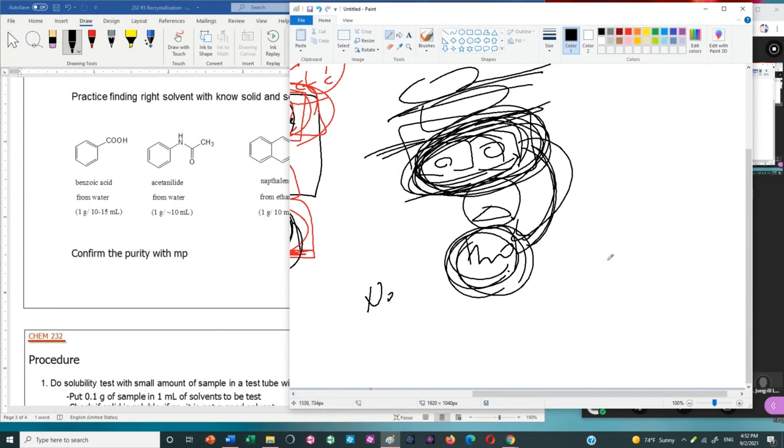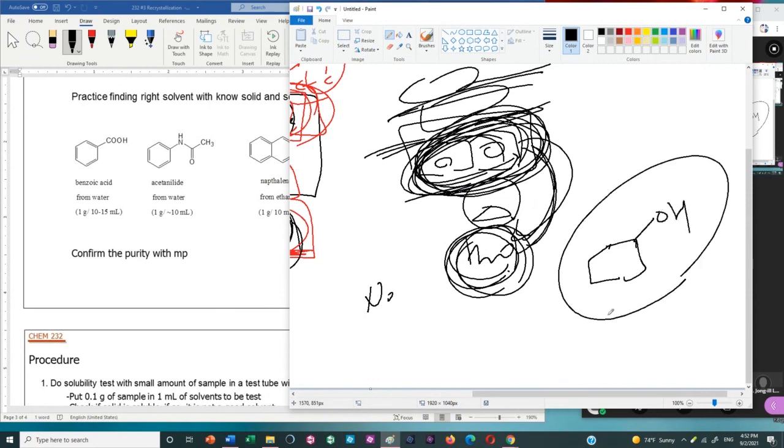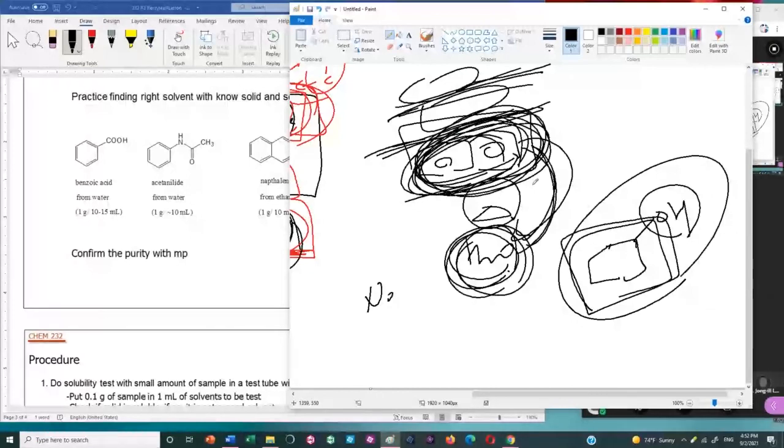Naphthalene obviously will dissolve into something like this if this was your solvent. Cyclohexanol has polarity, but it has a lot of nonpolar stuff in the solvent molecule. So when they loosen up, or even when they don't loosen up, this will like this enough.